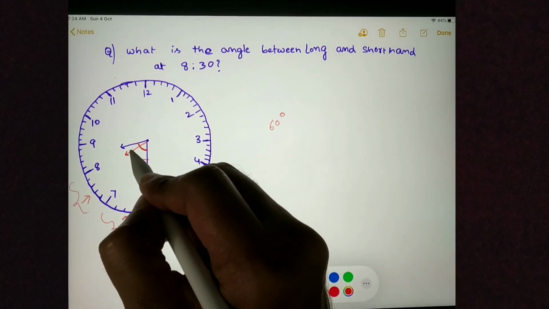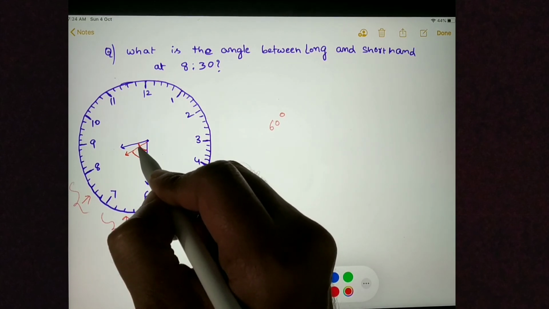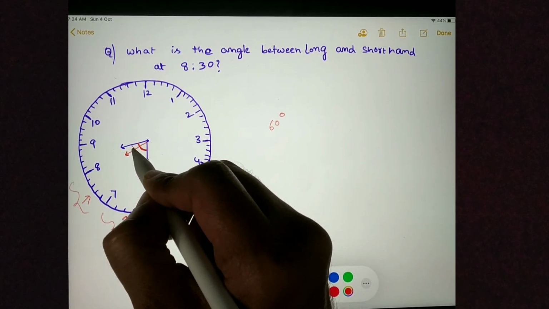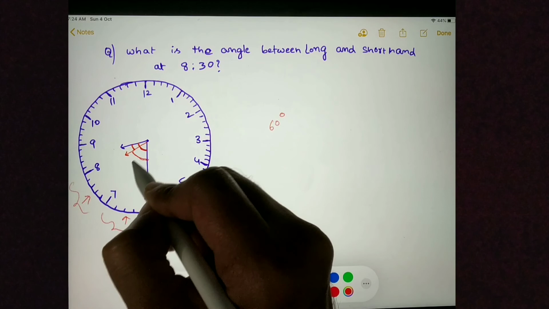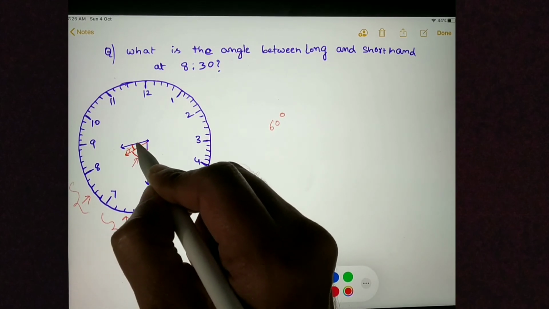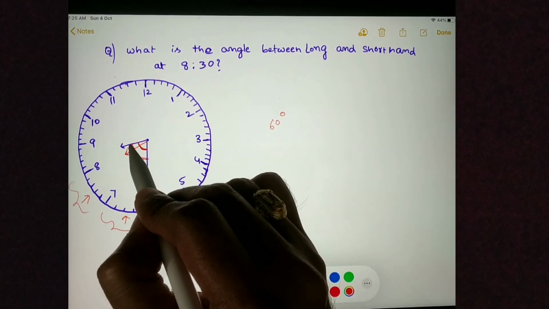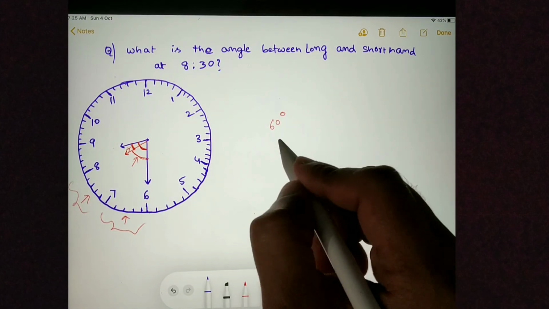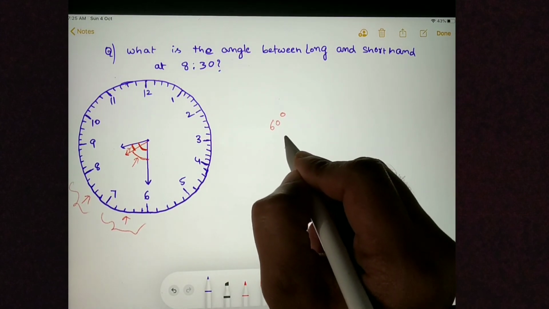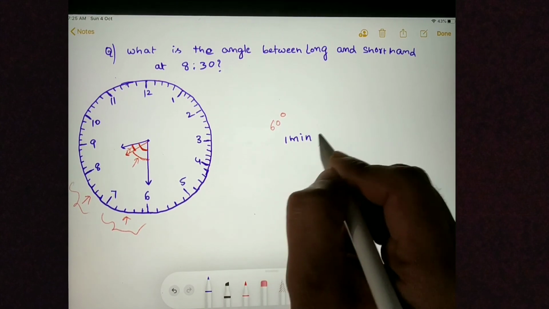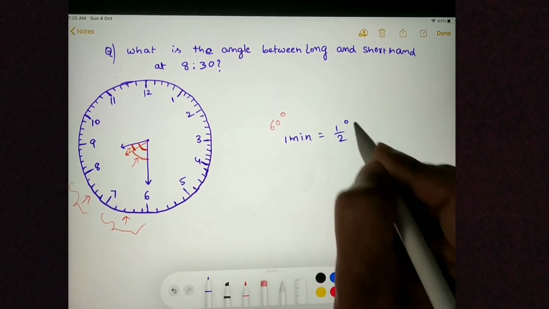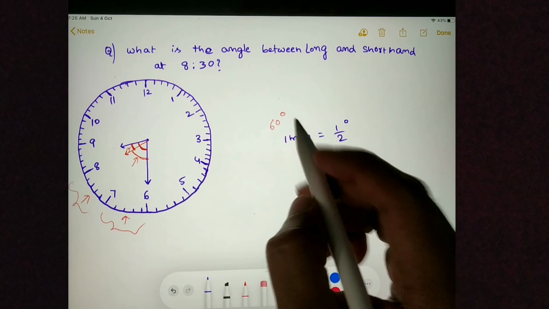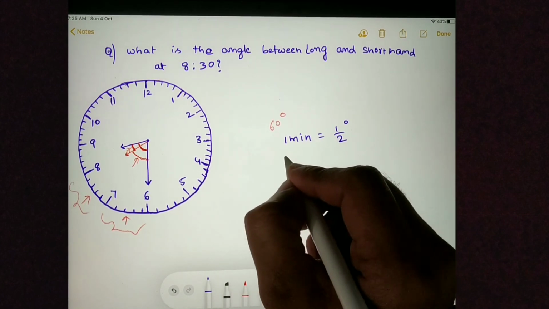We know this angle, but we want this angle. If we can find this angle, we can sum this angle plus this angle to get this angle. How do we get this angle? We already know that our hand in 1 minute travels half a degree, and in 30 minutes how much will our hand travel?